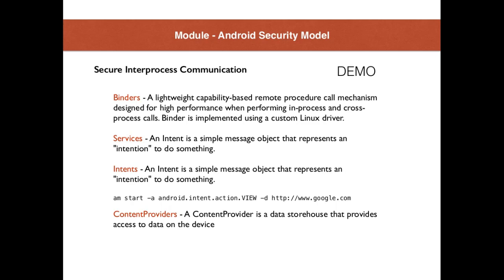Now the next one is content providers. Content provider is something like a data store house that provides access to data on the device. It's a pipe. Let's say you have an SMS application. The SMS application will have a database to store all your SMS. That is what we have seen in the previous video, if you remember.